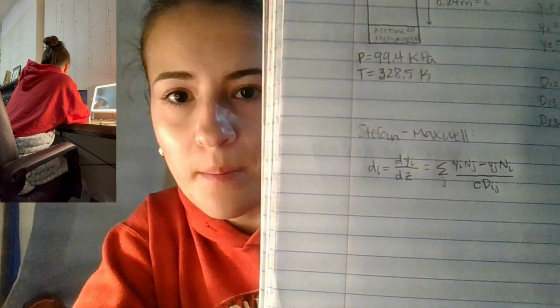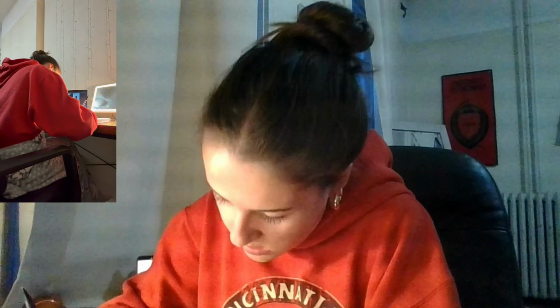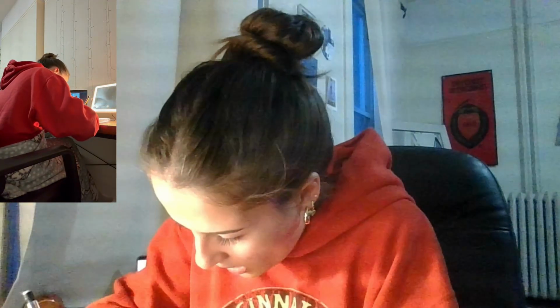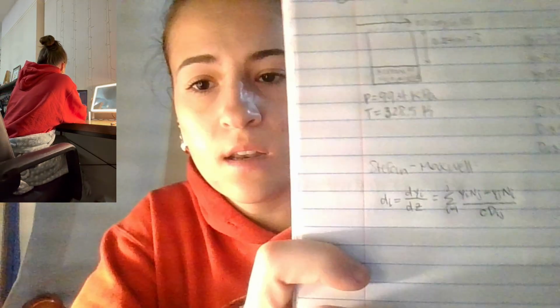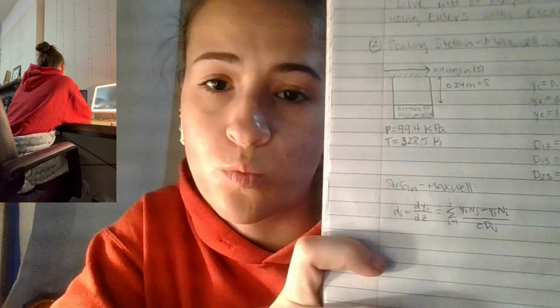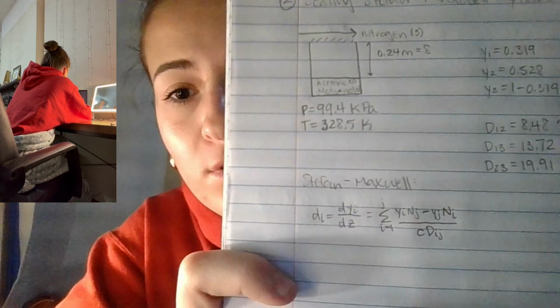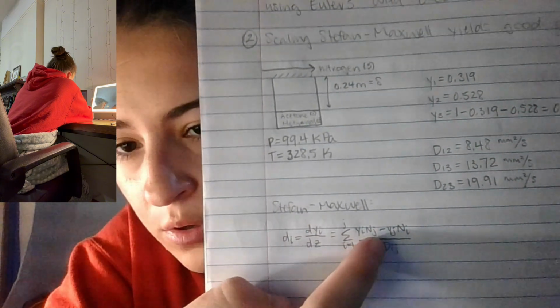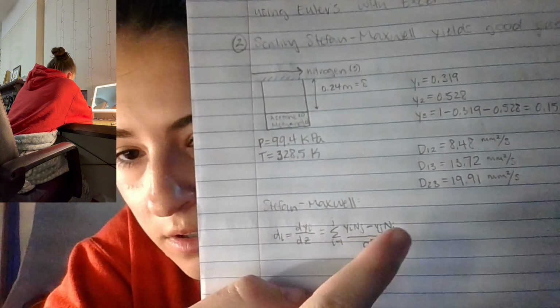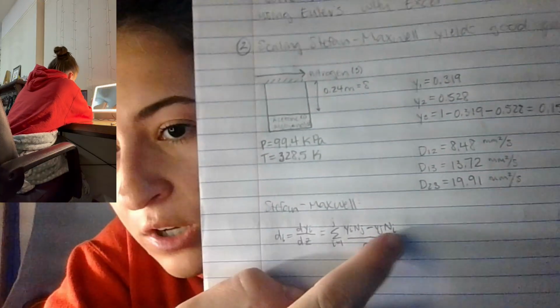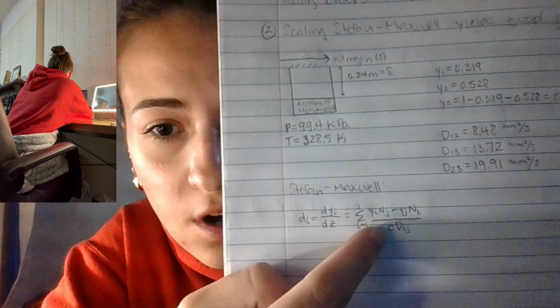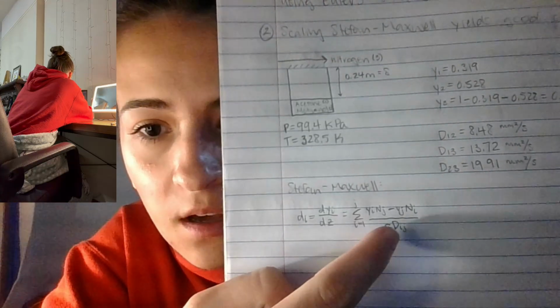So you're going from, this sigma is supposed to be I is equal to 1 all the way until component J. So in our example here, we have I equals 1 until 3. So the first one would be the mole fraction of component 1 times flux of 2 minus mole fraction of component 2 times flux of 1 over that total concentration times the diffusive coefficient of 1 in 2.